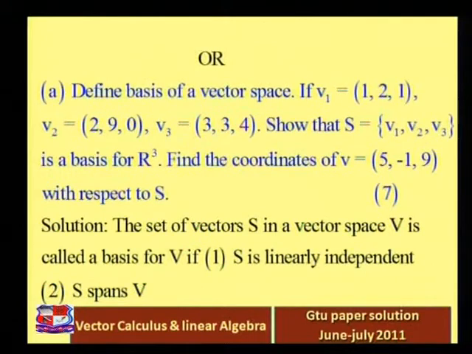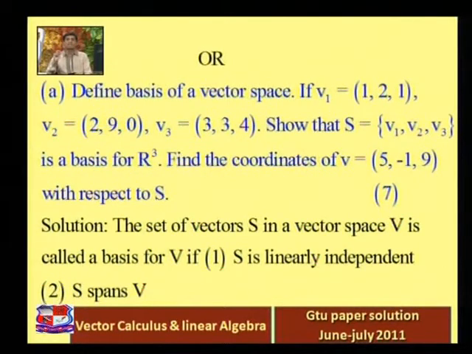The theorem says that if dimension of V is equal to n, and S is a set which contains vectors of V, and if S contains exactly n vectors, then if you want to prove that S is a basis for vector space V, you need to prove only one condition. Either you prove S is linearly independent or S spans V.